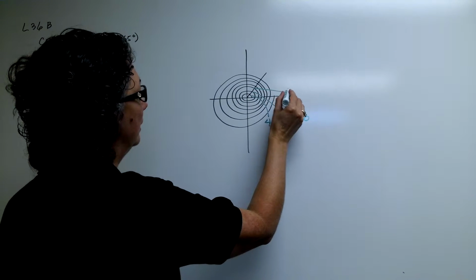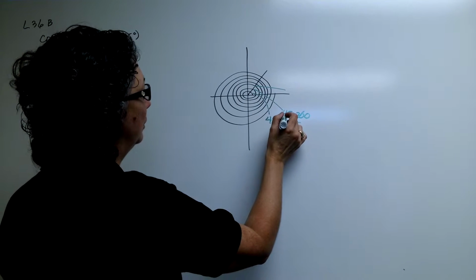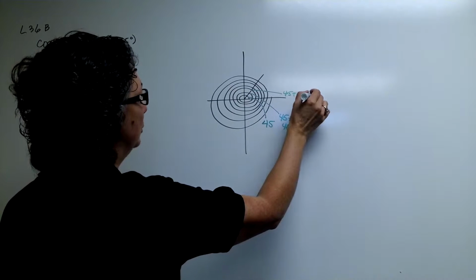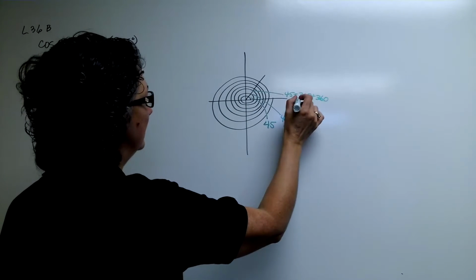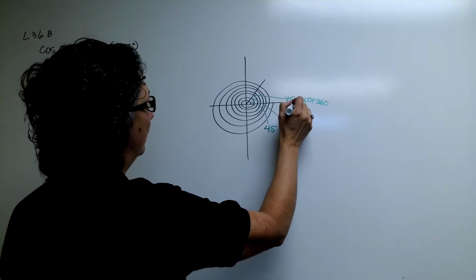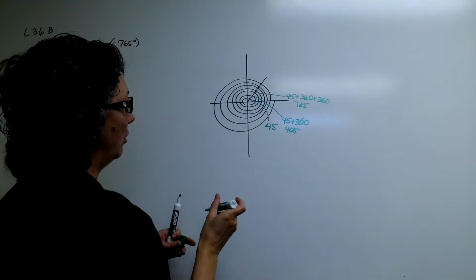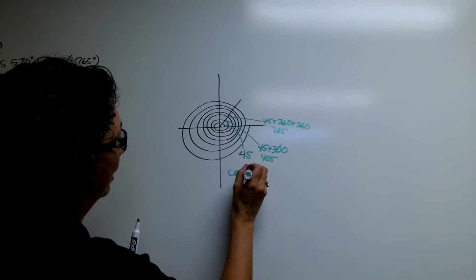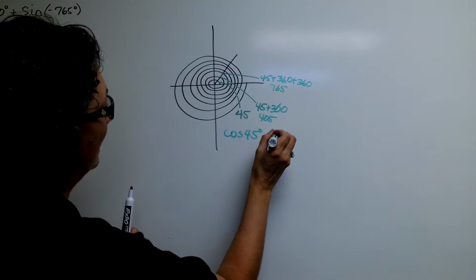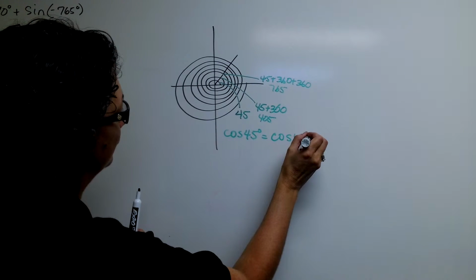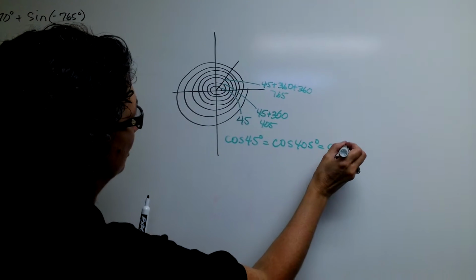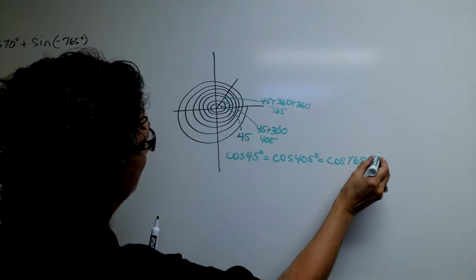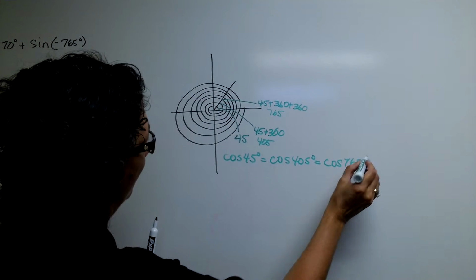And again, another 45 plus 360 plus 360 is 765, and so on. So the cosine of 45 degrees is the same as the cosine of 405 degrees, is the same as the cosine of 765 degrees. I hope I did that one right.